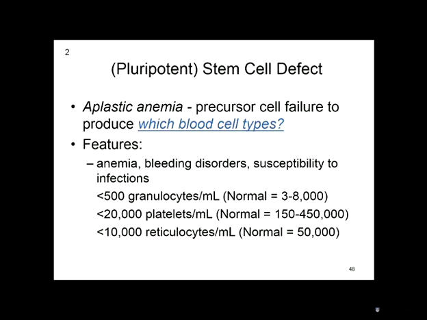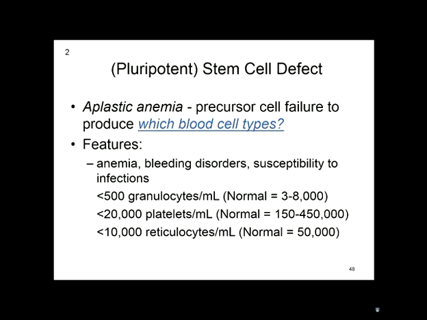That's really low, and that's considered at the point where aplastic anemia is a consideration. If it's less than 20,000 platelets, which normally is between somewhere 150,000 to 450,000, that's considered way down there, possibly consistent with aplastic anemia. And reticulocytes.